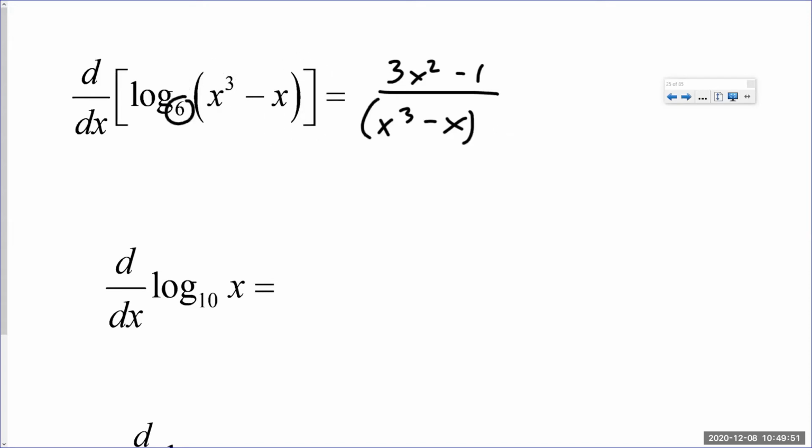So don't forget ln of 6. You guys see how easy that is? Is everybody with me? Let's do this one, log 10 of x. Go for it. U prime over u first. So here's your u. 1 over x, right? Don't forget ln of 10. You guys got the drift of this? Okay, do the next one.